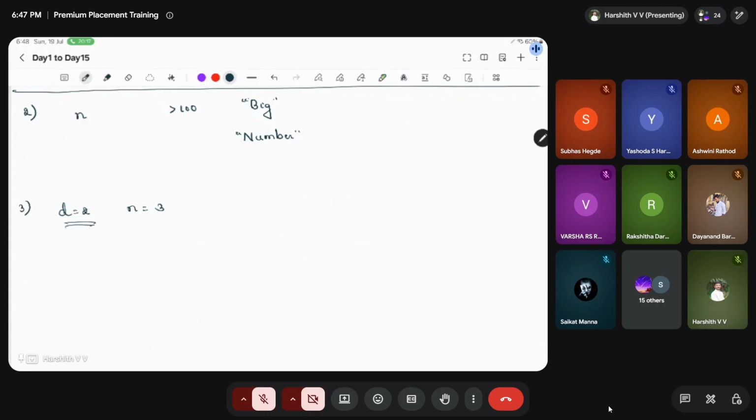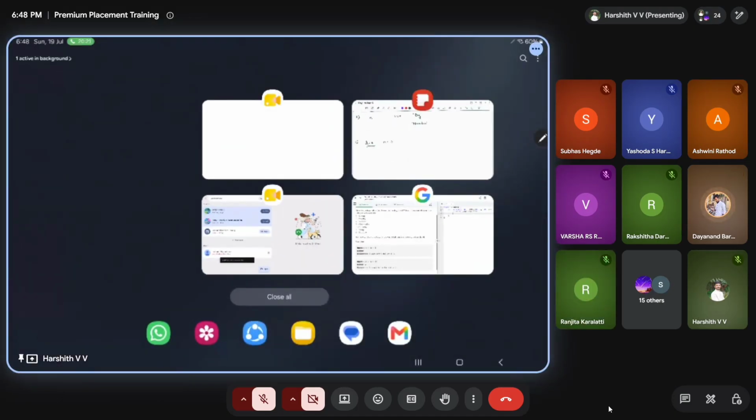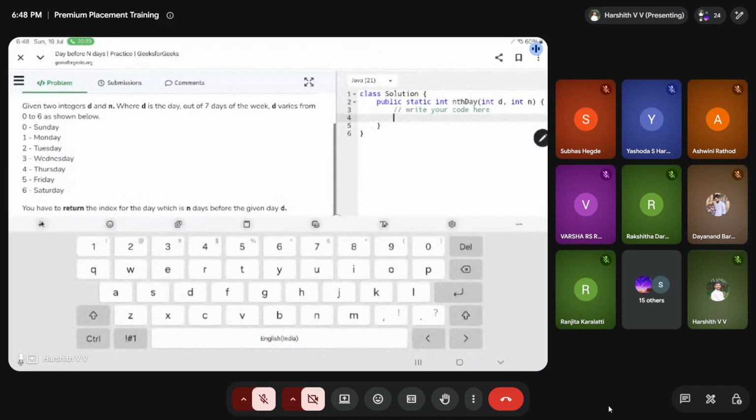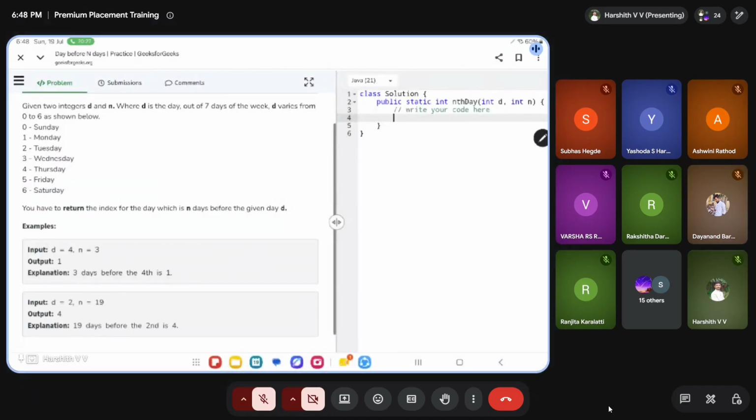Why are you getting confused? In the question they have given properly, no? See the numbers. 0 Sunday, 1 Monday, 2 Tuesday, like that. The value of D represents the day. The value of N represents how many days before that day.